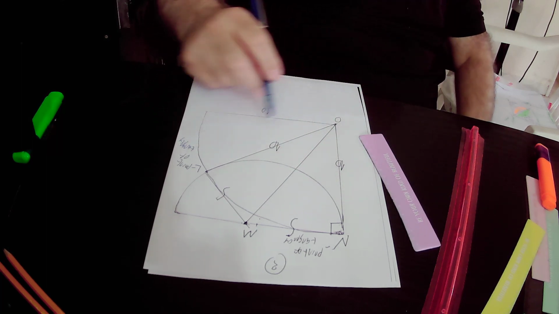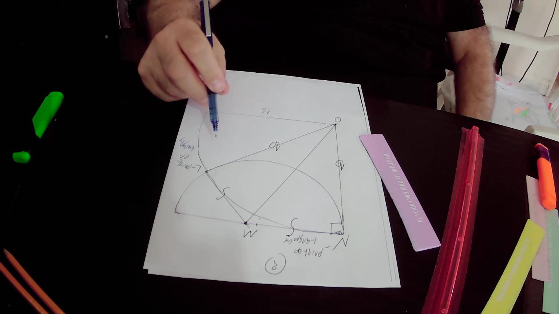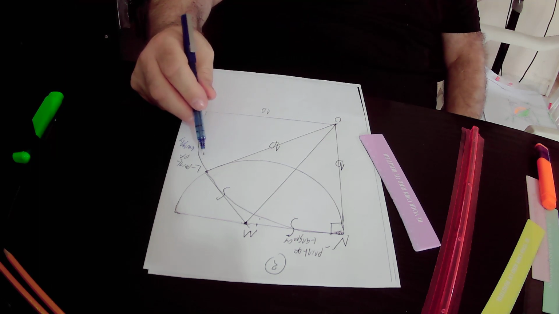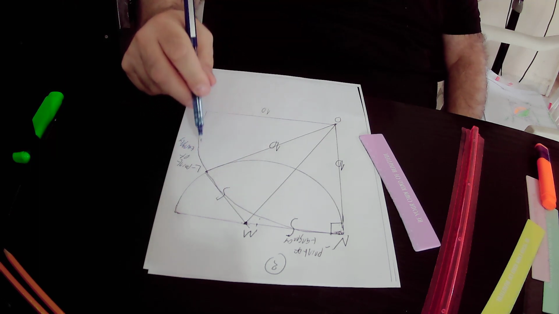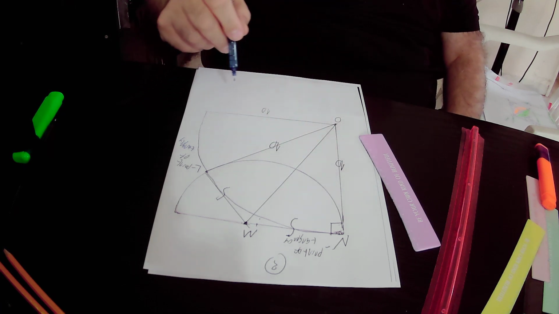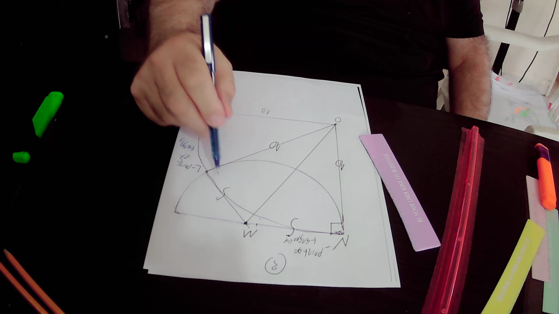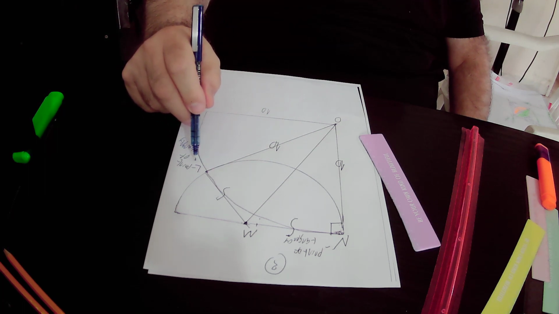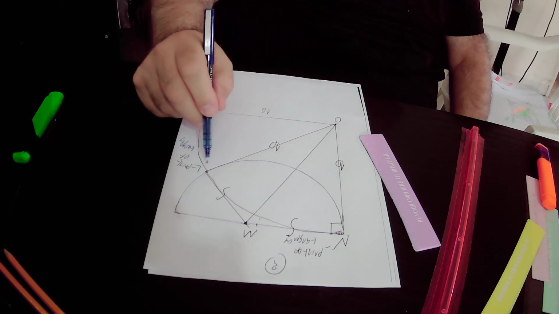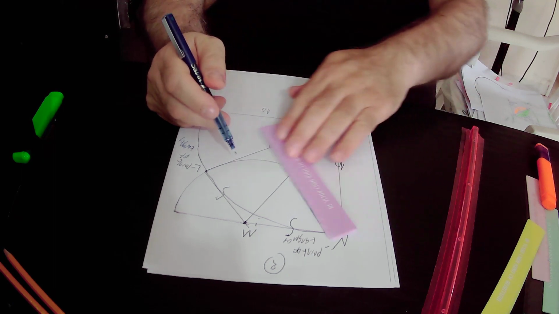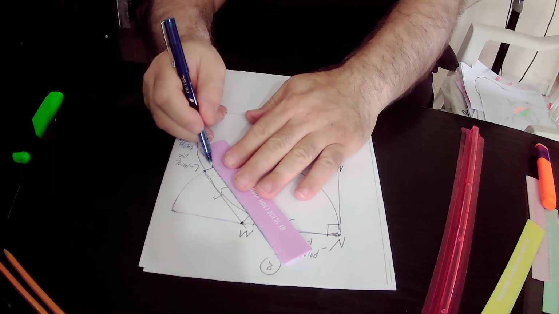Here we have the radius OL that is drawn to the point of tangency. Whenever you have a radius that is drawn to the point of tangency, then tangent ML will be perpendicular to the radius LO. So if ML is perpendicular to LO, it means that this angle equals 90 degrees.